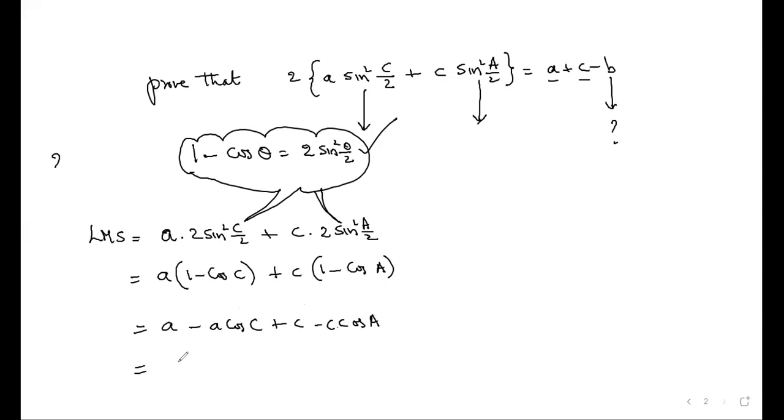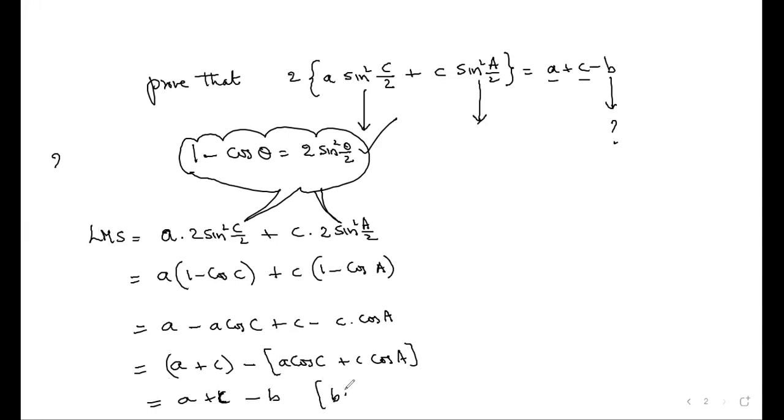Yes, projection rule. A plus C, you take it together, minus of A cos C plus C cos A. That became A plus C minus B by the projection rule.